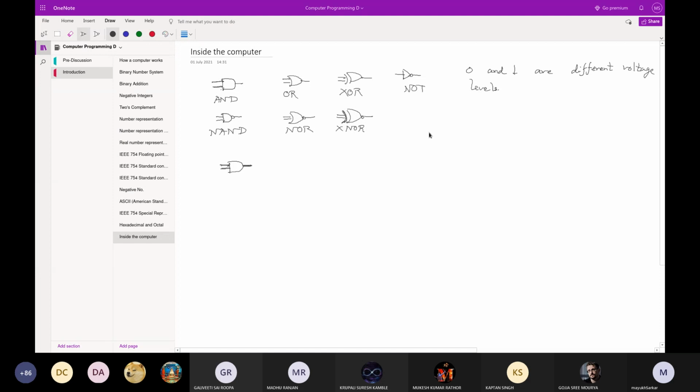Let me write a small truth table. Suppose A, B is the input, and AND, OR, XOR, NAND, NOR, and XNOR. NOT is a single-bit input.